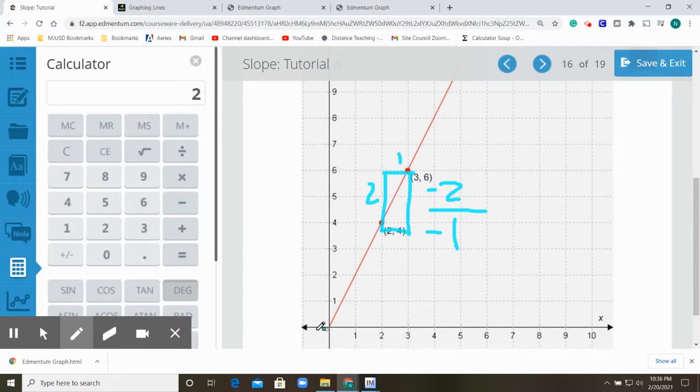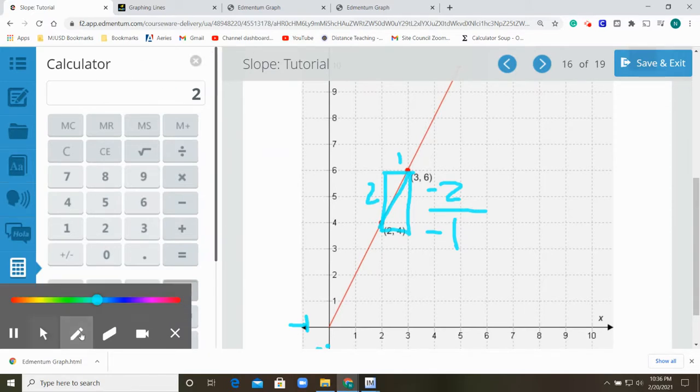If we were going down, it would be negative 1. So in terms of graphing, no matter which way you look at it, the change is still 2. That's why it's a positive number. The change is positive.